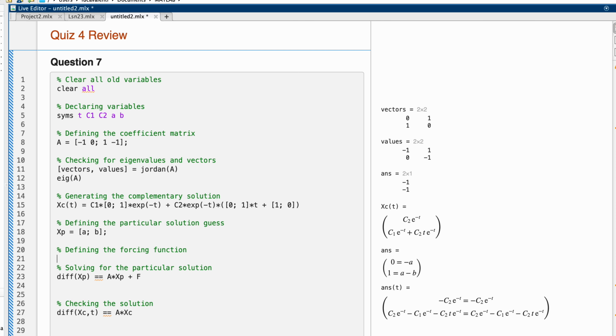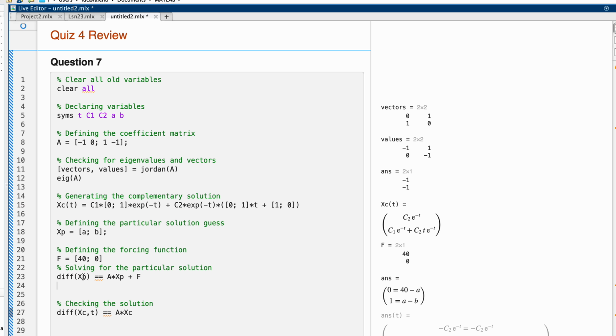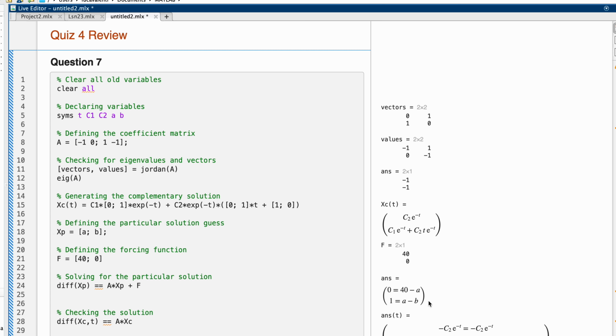Well, f of t is going to be equal to just 40 and 0. We can take out this because it's just a constant. Now we're going to pick out the system again after doing Control Enter. And now it's going to be a is equal to 40 and a is equal to b, so b is also equal to 40.